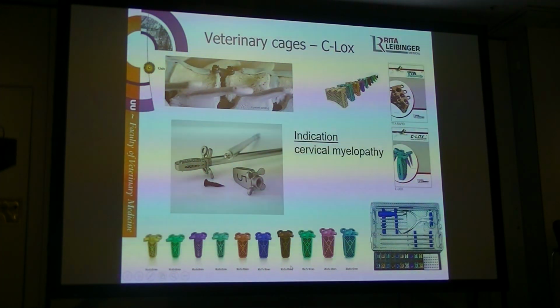And if we look at the veterinary market, there are only a couple of devices. So there are not more than 2 or 3 devices out there for veterinary use. Rita Leibinger is one of the companies that puts out a cage on the market. Rita Leibinger is known from the TTA Rapid procedure.